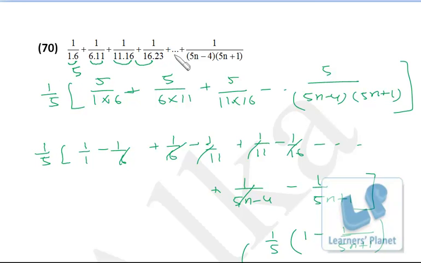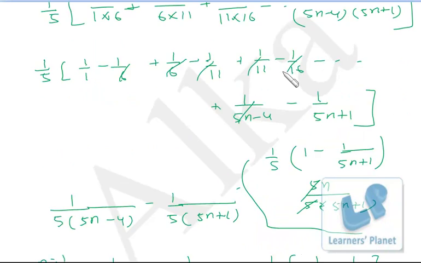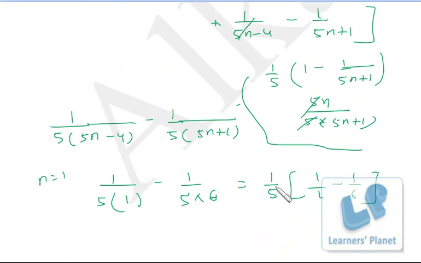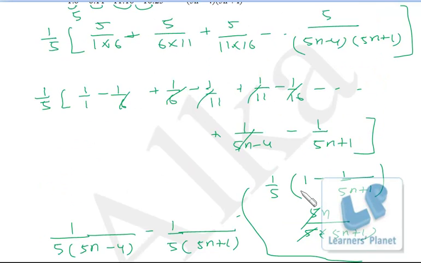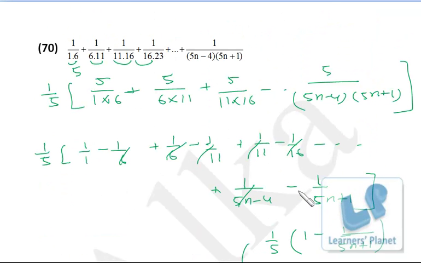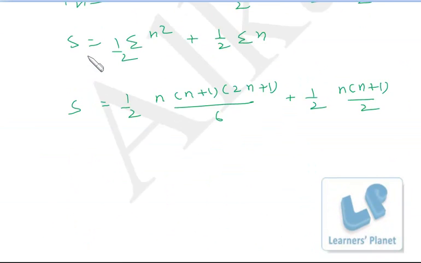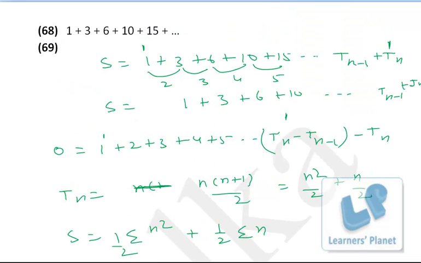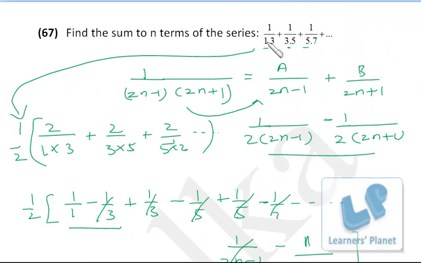So multiply and divide the entire sequence by 5, ultimately you are getting 5 over here. That's 1 by 5 and this is 5, right? So you can directly know what number you are going to use for multiplication and division, that is nothing but the number 5 here, the difference between these two. In the previous case also you did the same thing, we multiplied and divided by 2, that is the difference between these two.